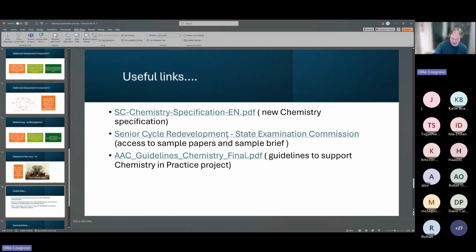And then that other document that I was talking about, the guidelines, is on curriculumonline.ie. So the specification and the guidelines are on curriculumonline.ie, and the access to the sample brief and the sample papers, 2 honours, 2 pass, are from the State Exams Commission, so they're available there.